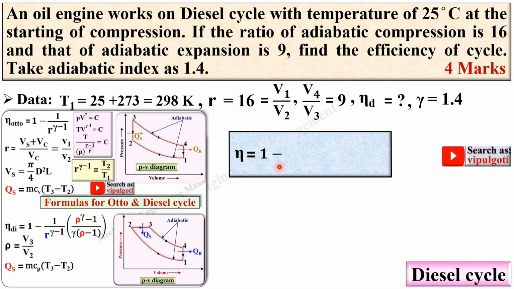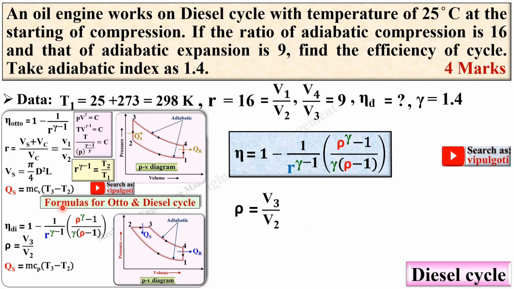Definitely I can use this equation for the efficiency of the diesel cycle, but for that I should first find rho. Again you know that rho is the cutoff ratio, and that is equal to V3 by V2. I am going to rearrange this term simply by multiplying V1 in the numerator and dividing by V1 in the denominator.